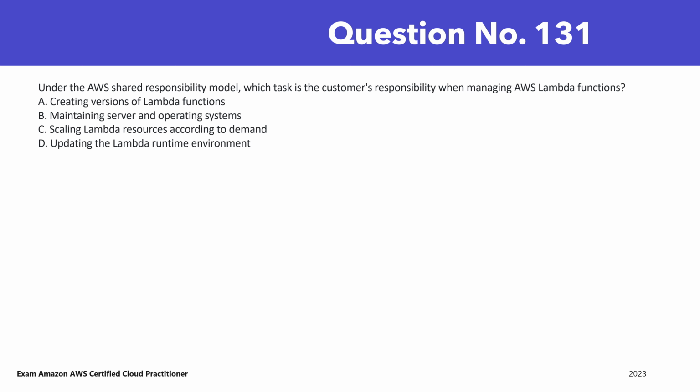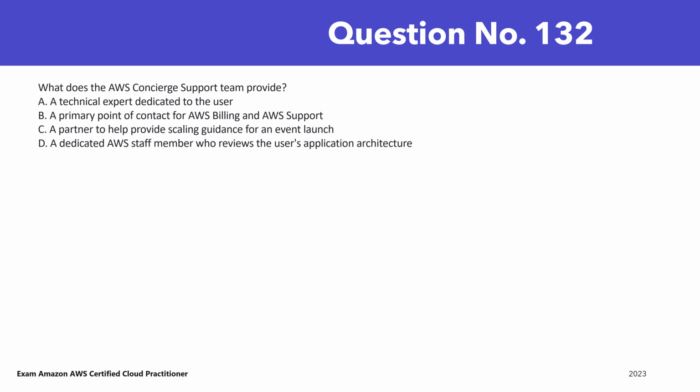Under the AWS Shared Responsibility Model, which task is the customer's responsibility when managing AWS Lambda functions? A. Creating versions of Lambda functions. B. Maintaining server and operating systems. C. Scaling Lambda resources according to demand. D. Updating the Lambda runtime environment. Correct answer, A. What does the AWS Concierge Support Team provide?